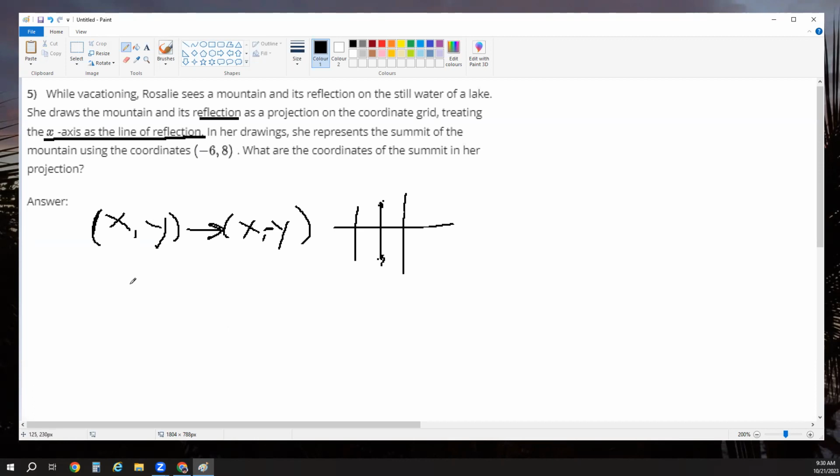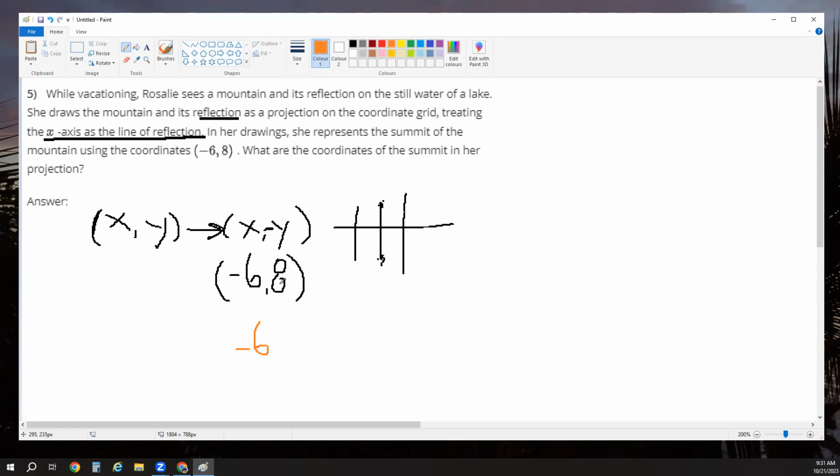So I start off with -6, comma, and 8. Okay, I'm going to apply this code. All right, so my 6 stays the same, so it's -6.